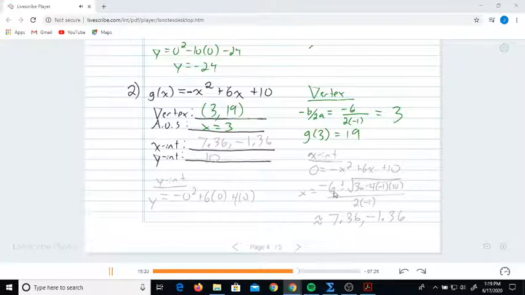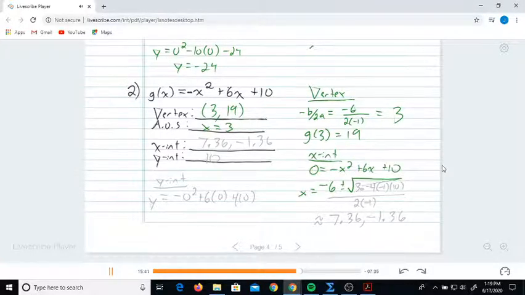So x equals negative b plus or minus the square root of b squared minus 4 times a times c all over 2 times a. Alright, so I'm going to go ahead and pull out my calculator and compute that. So just be very careful with your signs. There are a lot of negatives in play.